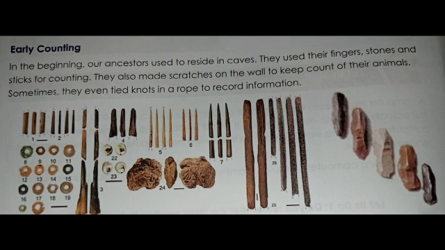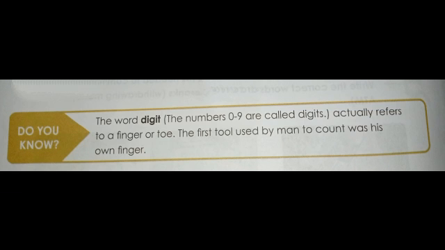Sometimes they even tied knots in a rope to record information. Do you know the word digit? Digit means the numbers 0 to 9, and actually refers to a finger or toe. The first tool used by man to count was his own finger.